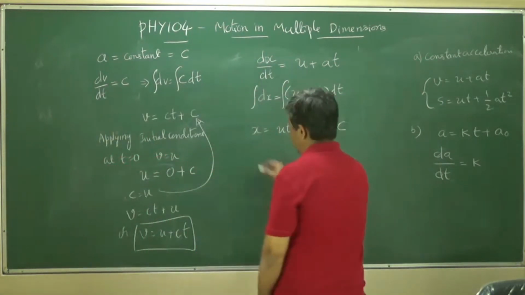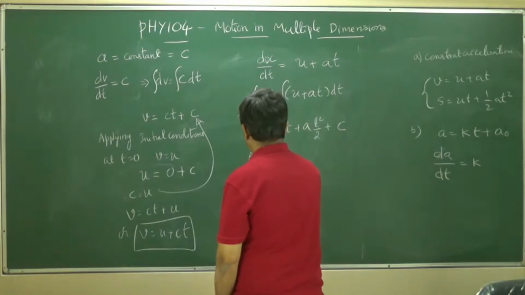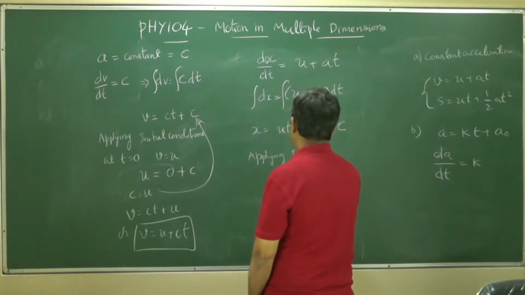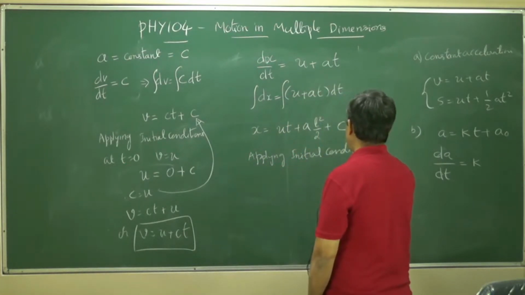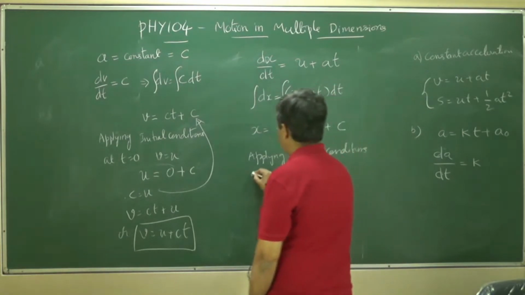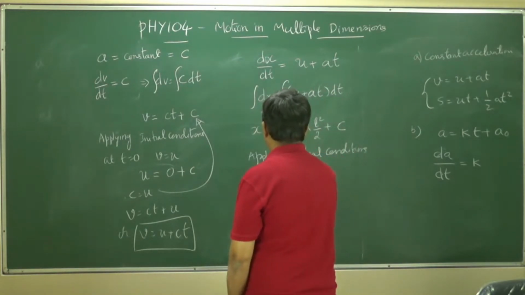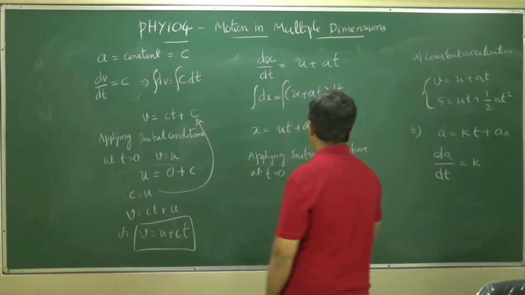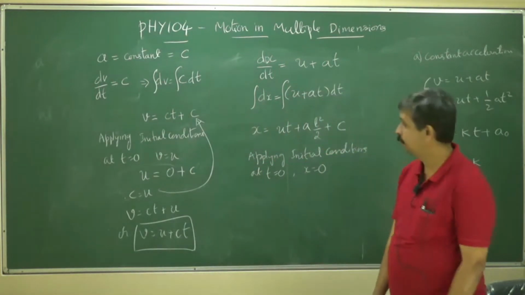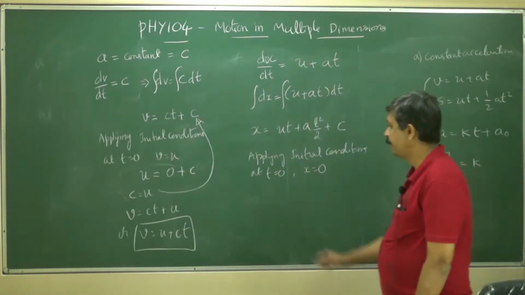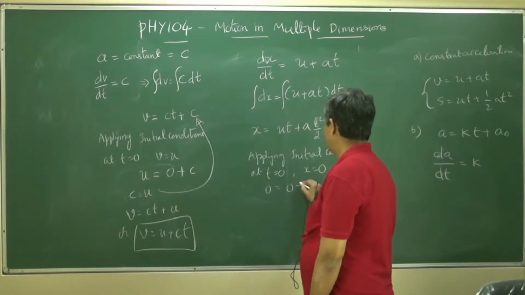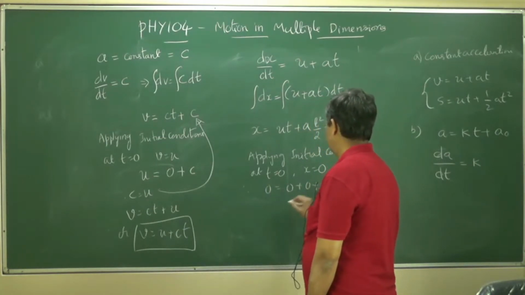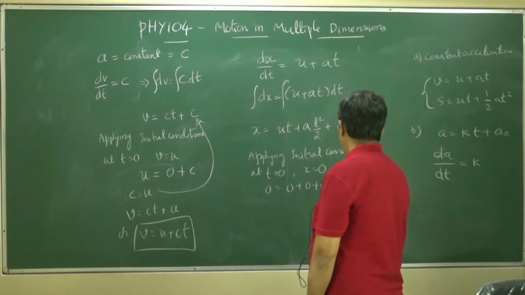So applying initial condition, at t is equal to 0, x is equal to 0. Therefore, 0 is equal to 0 plus 0 plus c, which means c is equal to 0.